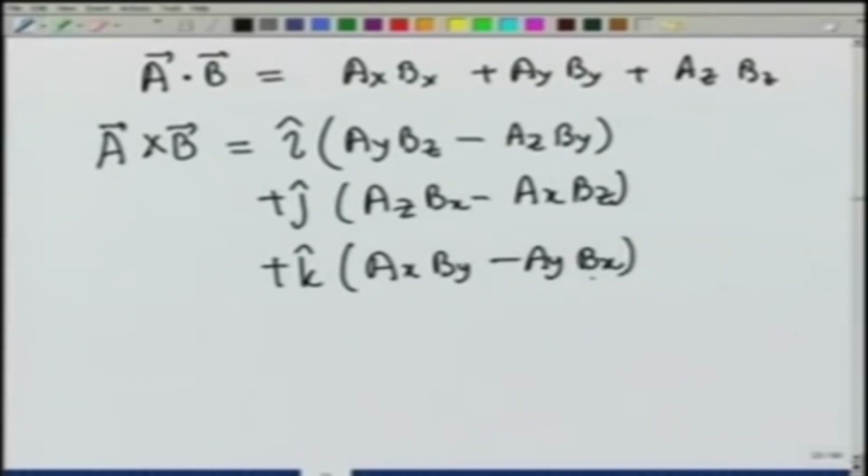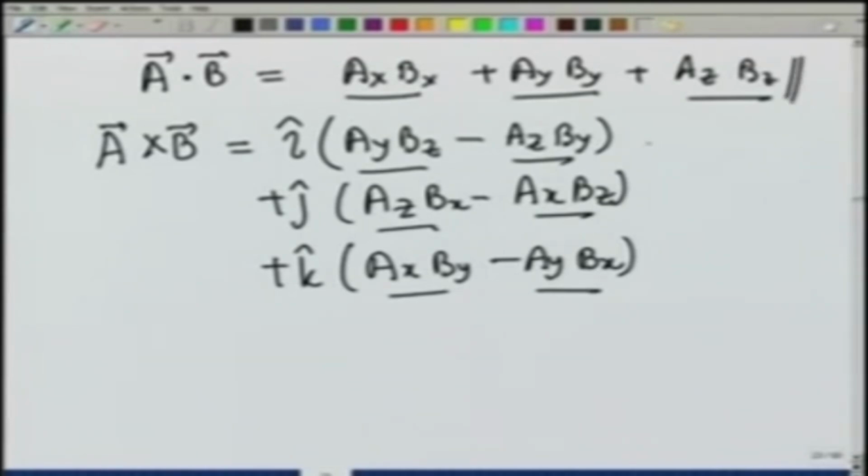But as I showed you on the last slide, there are all possible products which could be taken here, but why do we take them in this particular combination? Why do I define this to be a scalar product? Why do I define this to be a vector product? That is the question that I want to address now, so that we get a better understanding as to why the products of these two vectors are defined in such a manner.